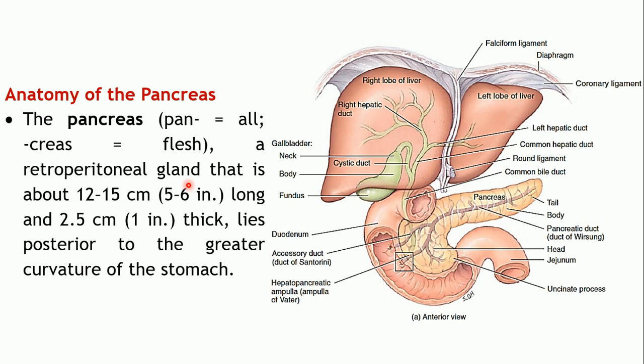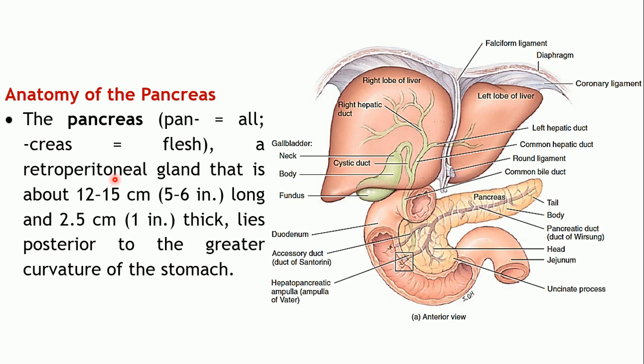So this is actually a gland, and it is retroperitoneal in nature. If you can recall, in the overview we had briefed about the peritoneum. It's a protective layer which covers all the visceral organs. It has two layers, and there are certain organs which lie towards the posterior part of the peritoneum.